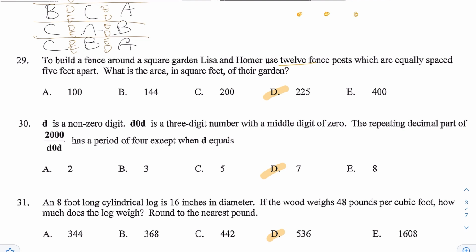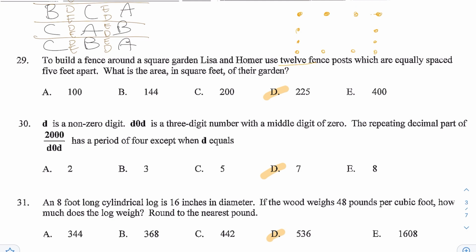So we start with 3. Remember, it's a square, so it has to be even. So we have this. This is already 8, and you have 12. So you're going to have to expand this out, which is 4. And this would be the 12.